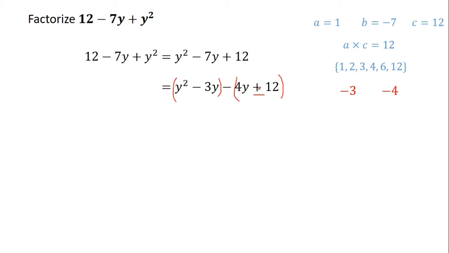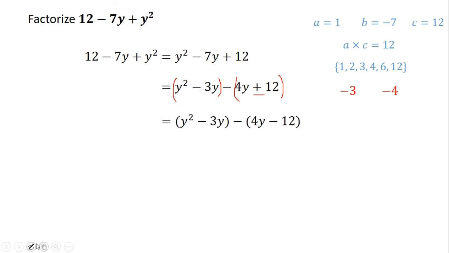If the sign in here was negative, it would have changed to positive. So here the sign inside the bracket is positive, so it will change to negative.